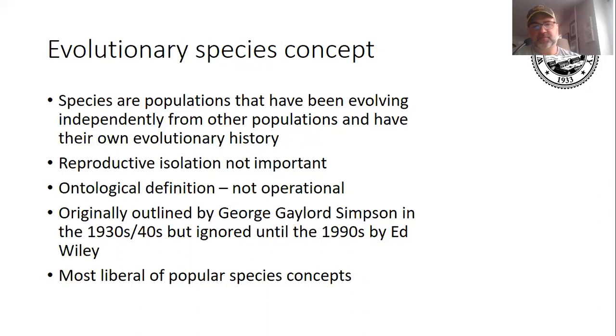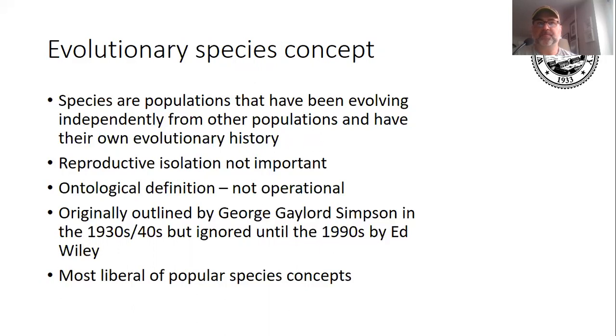And I say this definition is purely ontological. He was asked during a talk I attended, when did the Labrador duck become a Labrador duck? And it was when a duck went to Labrador and started a population. So as soon as it started a population, it became its own species. And I will say this is the most liberal of popular species concepts, although it's rarely used to define new species in publications.